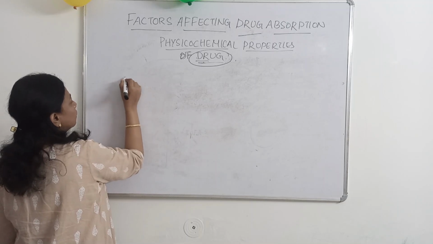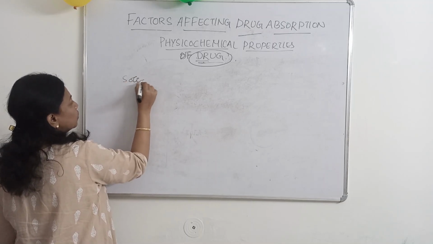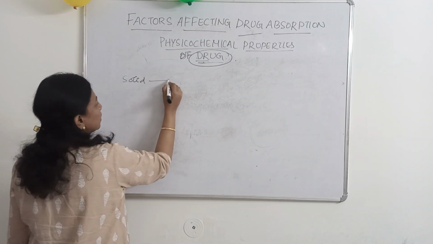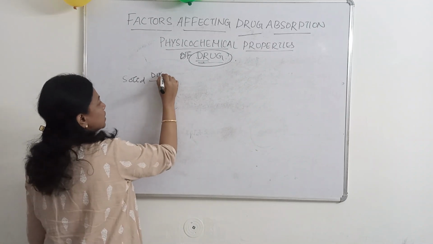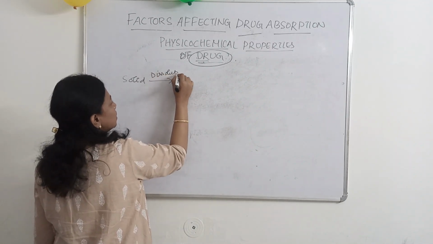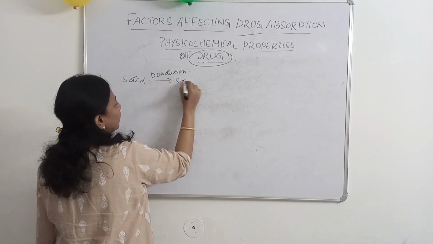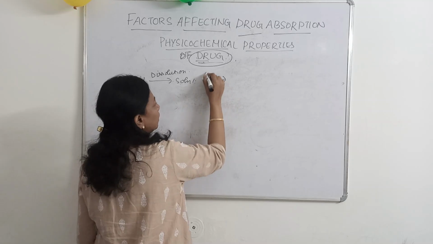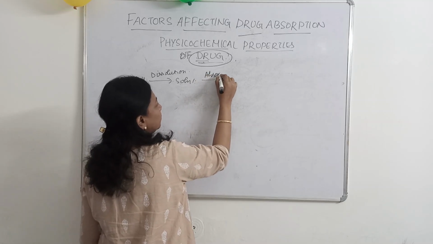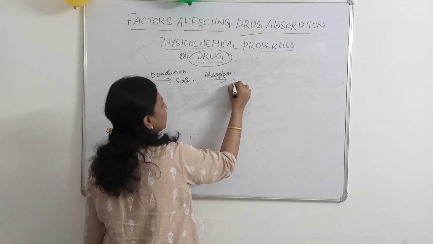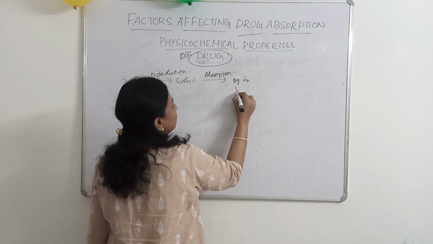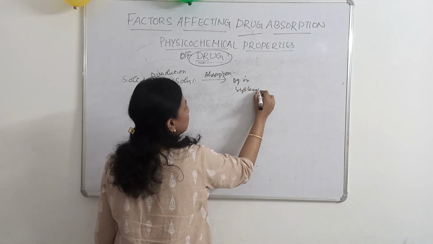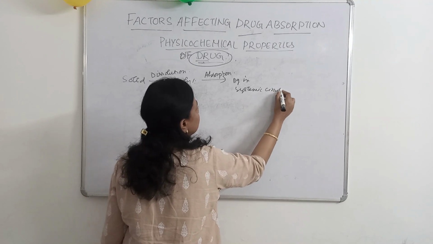When the drug is given in solid state, the drug first of all must undergo dissolution, and the drug will now be in solution, and then the drug permeates through the membrane, that is absorption takes place, and the drug will be in systemic circulation.